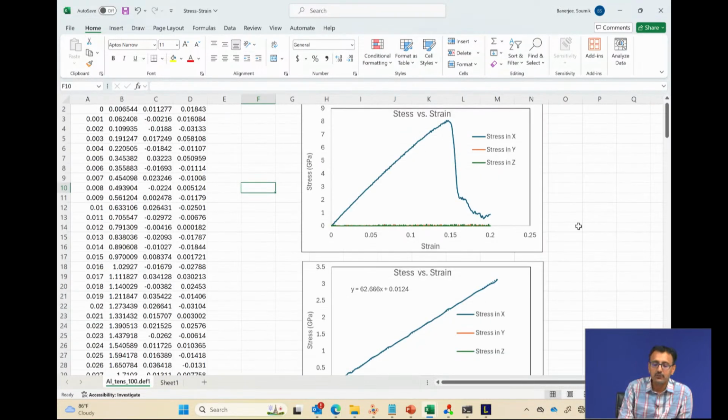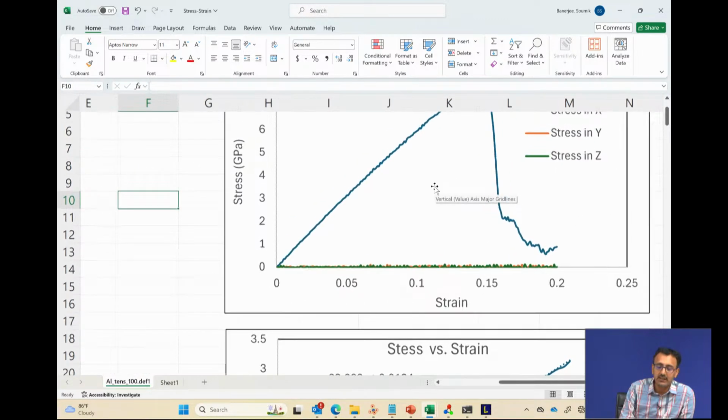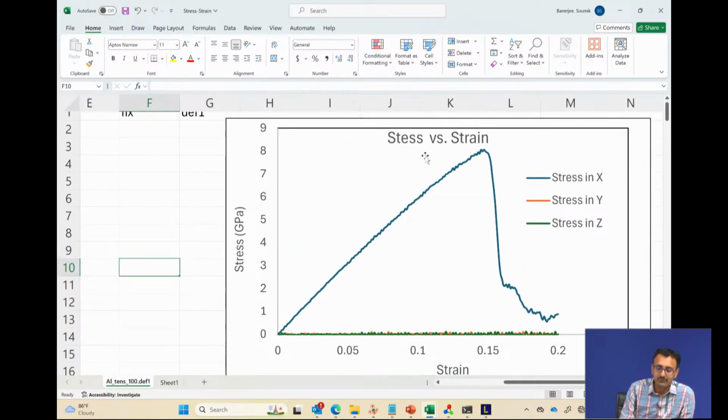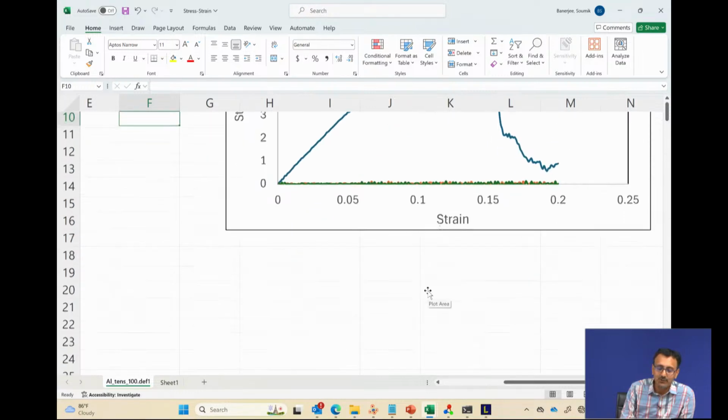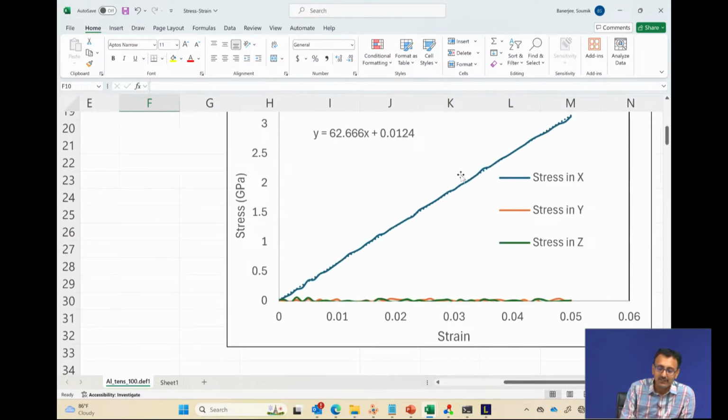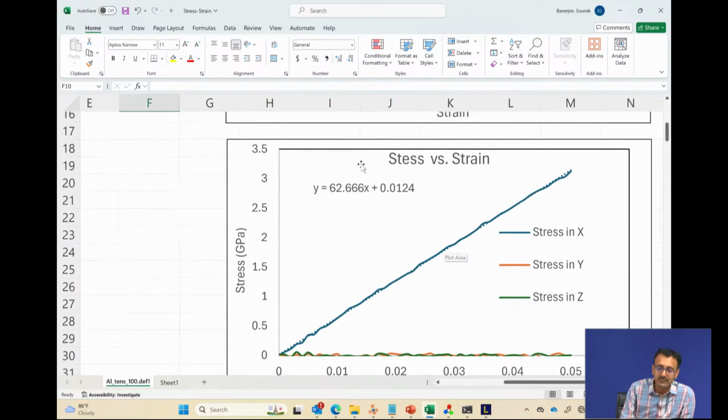So this is the stress versus strain curve for the simulation we ran, and we can do a linear fit. It spits out a number of 62.66 gigapascals as far as the Young's modulus is concerned, and I think it's close to what it should be.